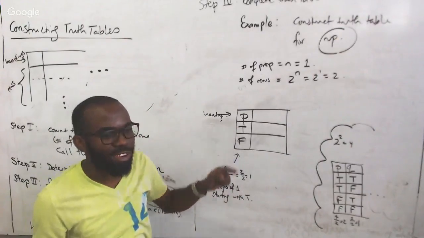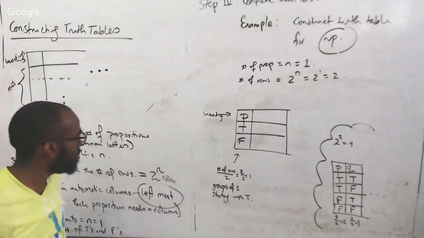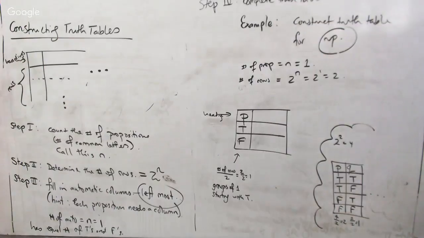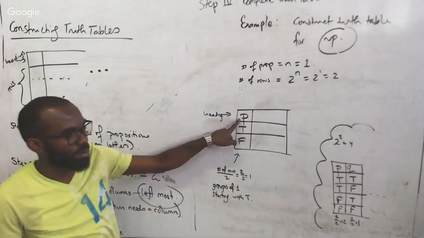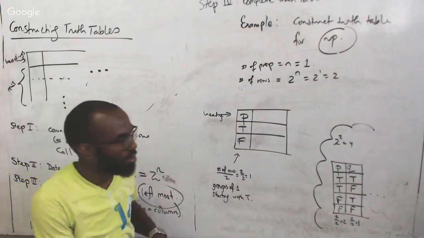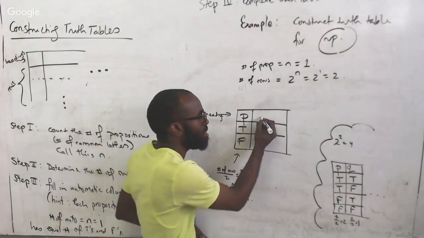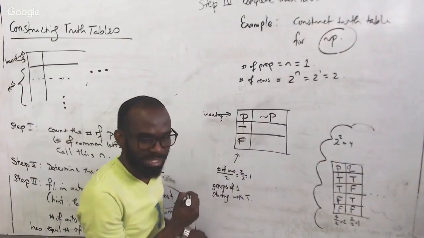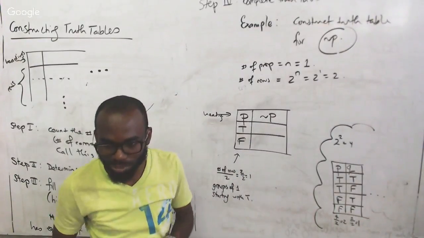Now the thing is, if I never know about P, can I tell you what's the opposite of it? No. That's why I needed to start with the proposition itself. Now, if I know about P, I can tell you what is not P. That makes sense? If you never know something, you can't tell what's the opposite of it.